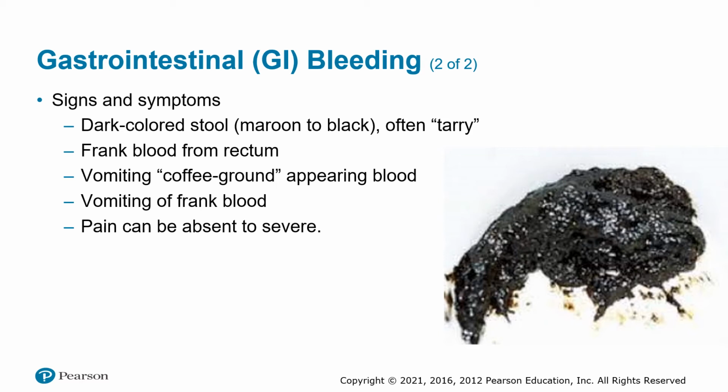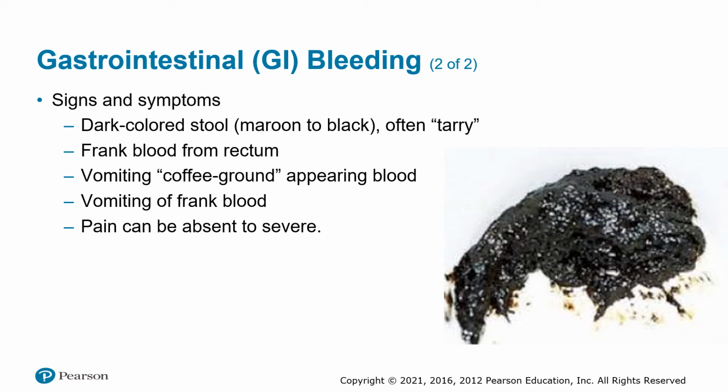If you're vomiting that coffee ground appearance blood, that dark, nasty color, that means it's coming from the lower GI system. If you're vomiting frank blood, that bright red blood, that means it's from the upper GI system.